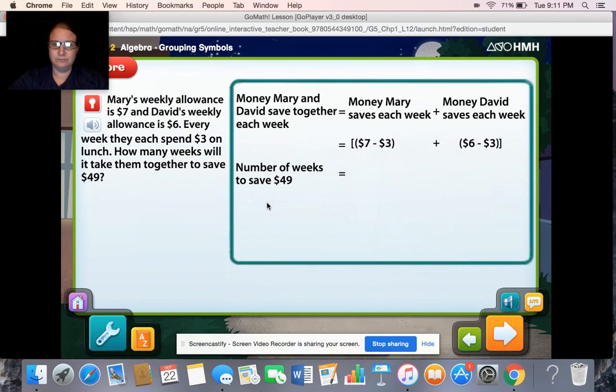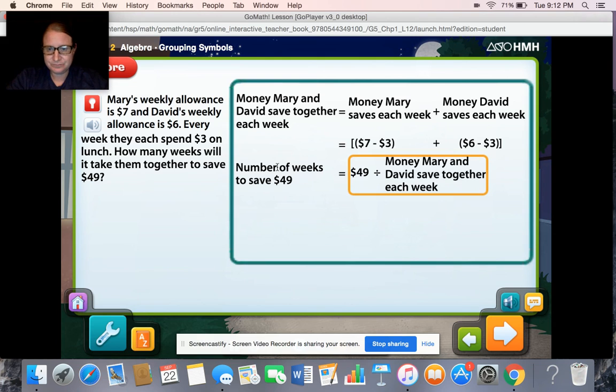Next, you need an expression representing how many weeks it will take for Mary and David to save $49. The number of weeks they need to save equals $49 divided by the amount of money Mary and David save together each week.